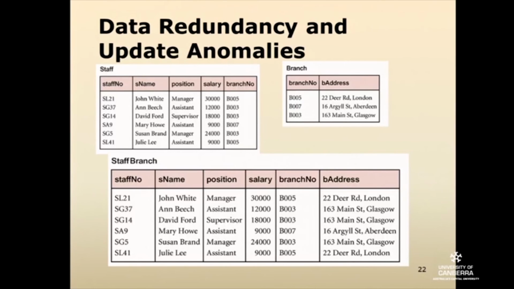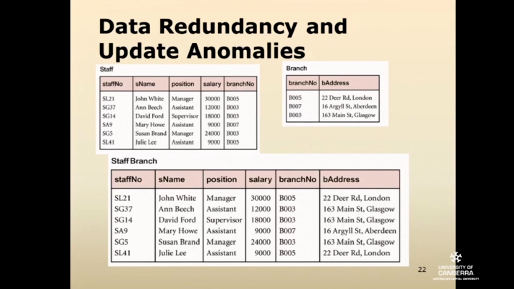And as you see, the problem in the second table here is that it has redundancies, because the branch number determines the branch address. And we told you, if we store the details like this, if you want to update the branch address, you might have to do it multiple times because multiple staff work in the same branch.